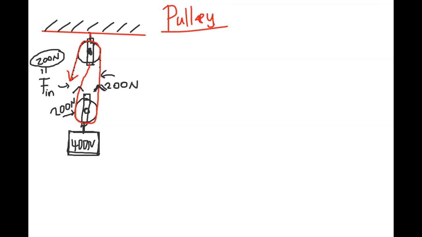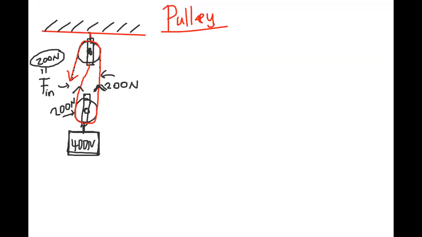That's a machine, because you're using a smaller force to lift something that has more weight, right? So a machine multiplies input force at the expense of distance. In this case, the machine is multiplying input force twice, as you can see.